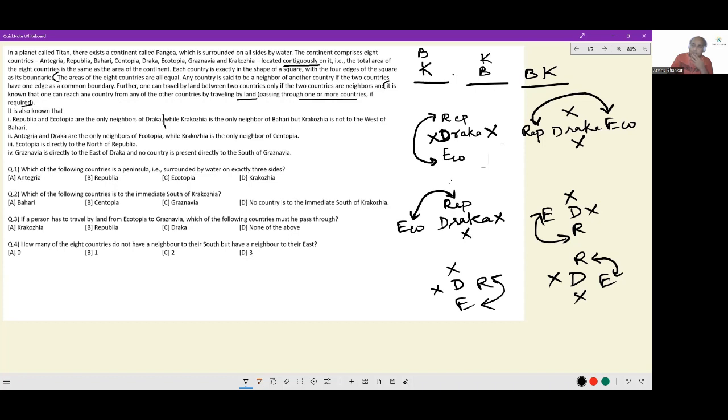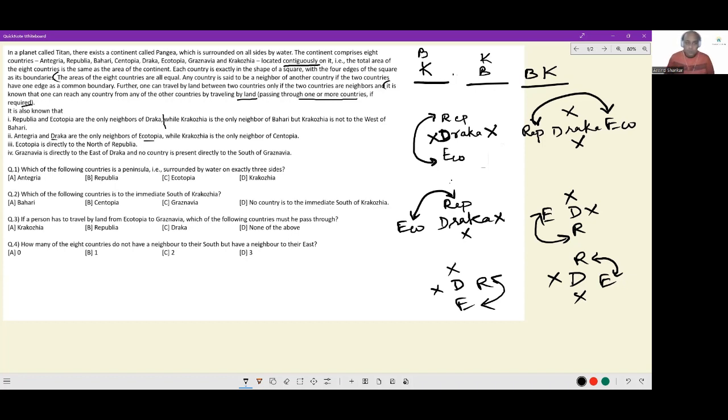See, Draca and Ecotopia, we already had some information about them. Also, Krakozia is the only neighbor of Centopia. The place where this set opens up is this: Ecotopia is directly to the north of Republia. Now look at this.